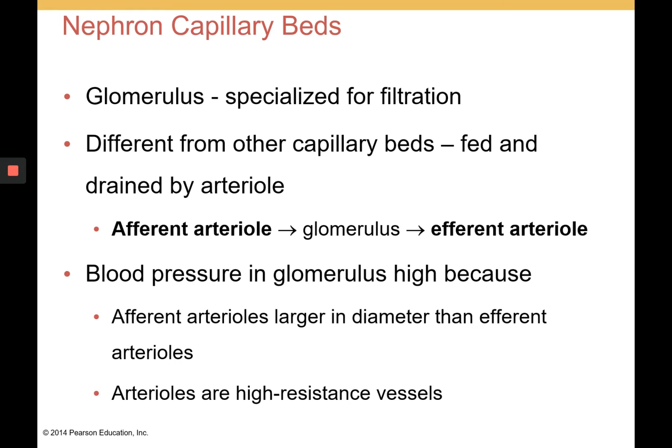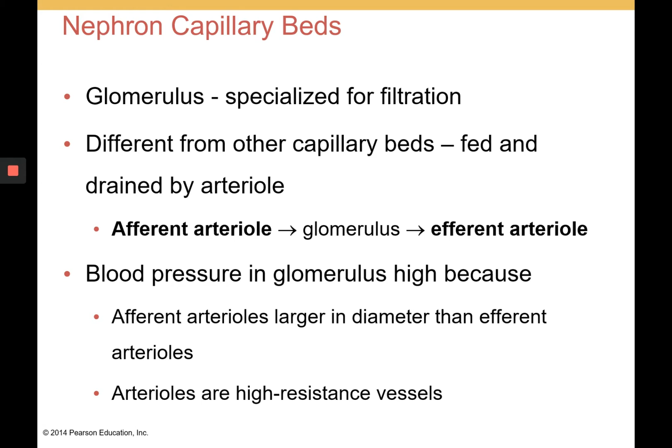Now, the glomerulus, we know, is the location of filtration because the adjacent podocytes of the visceral layer of the Bowman's capsule and the fenestrated endothelial cells of the glomerulus, when they come together, create the filtration membrane. So that glomerulus with its filtration membrane is specialized for filtering. And that's different from the other capillary beds, the paratubular or vasa recta.